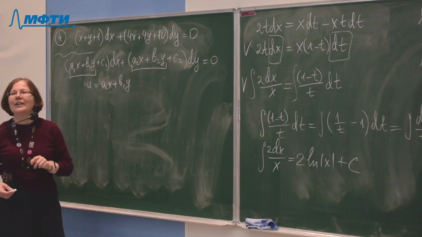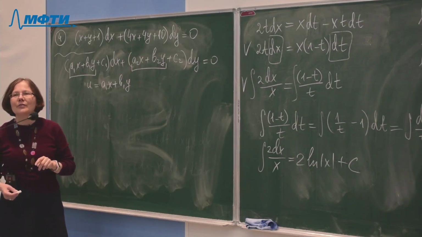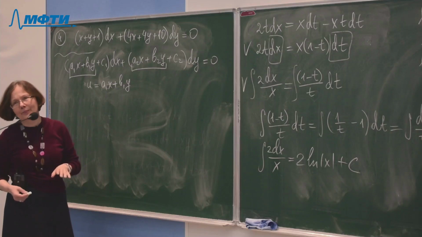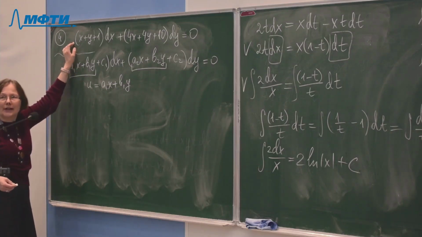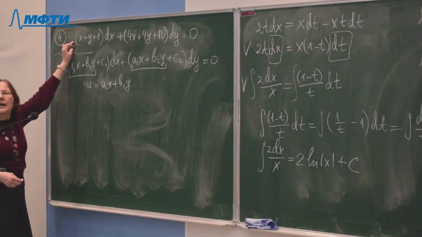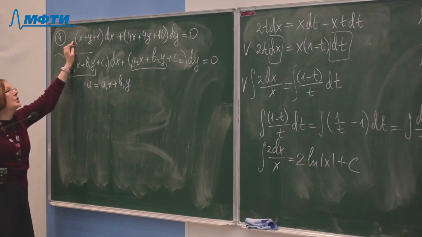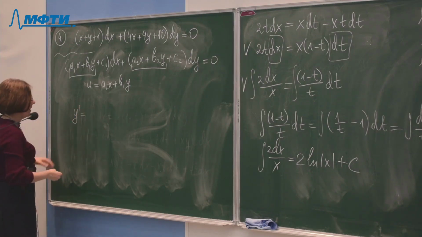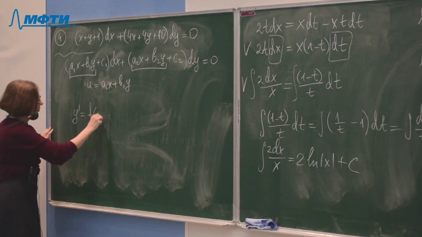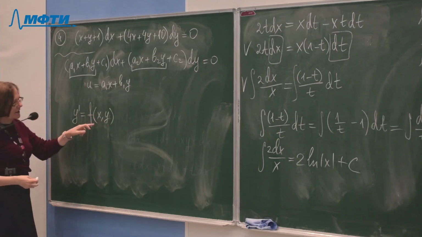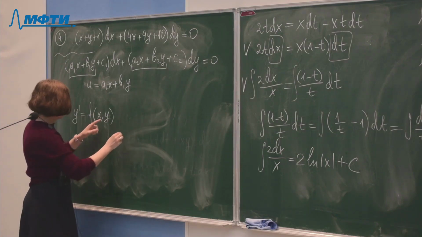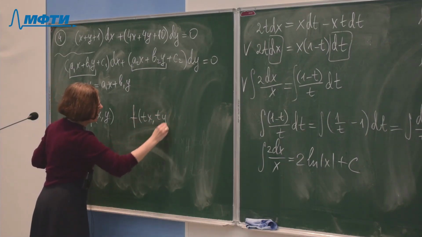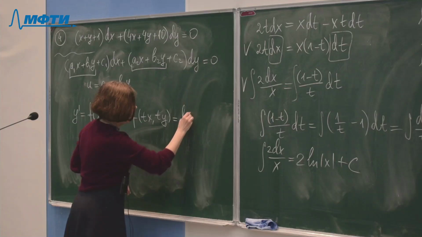Your question was how to check homogeneity by substituting tx for x and ty for y. Let's speak about a homogeneous equation. It is of the form f of x y, and for homogeneity we need f of tx and ty to equal f of xy.